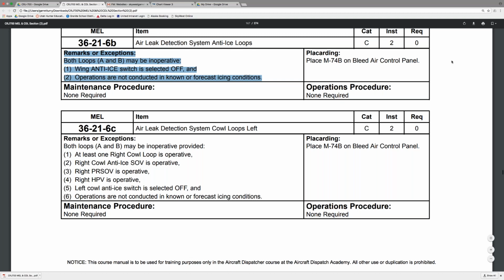So pressurization and possible icing, but icing can happen at any altitude. The only thing that has to be present for icing to occur is temperatures of 10 degrees Celsius or less and visible moisture. Those are the conditions for icing.